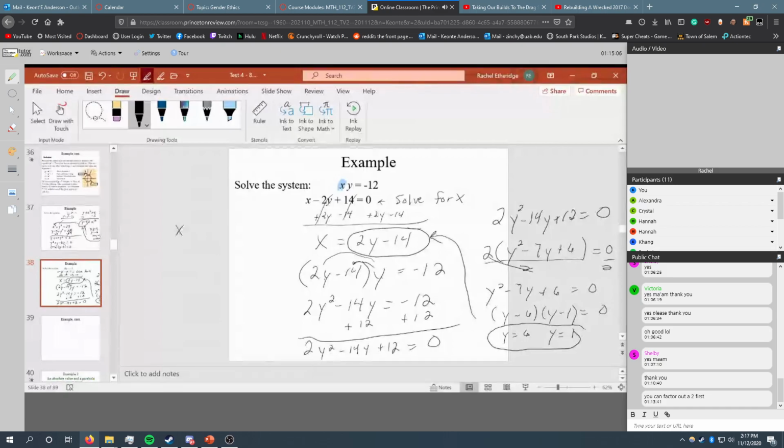So when you plug in y equals 6 and y equals 1: when y is 6, x is going to be negative 2, and when y is 1, x is going to be negative 12. So the solutions are 6, negative 2, and 1, negative 12.